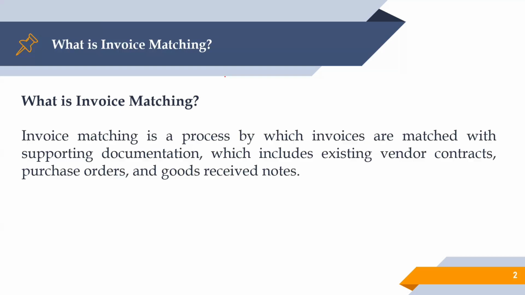That's invoice matching. Invoice matching is a process by which invoices are matched with supporting documentation, which includes existing vendor contracts, purchase orders, and the goods received note or goods receipt note.